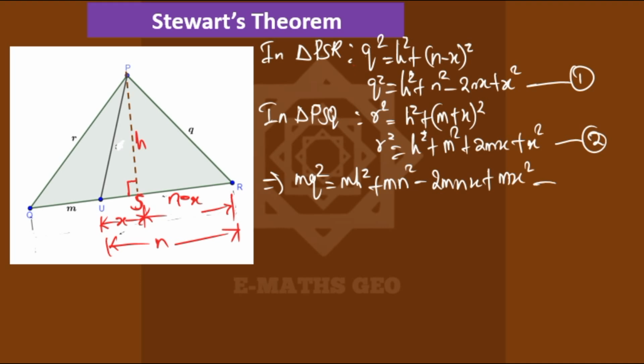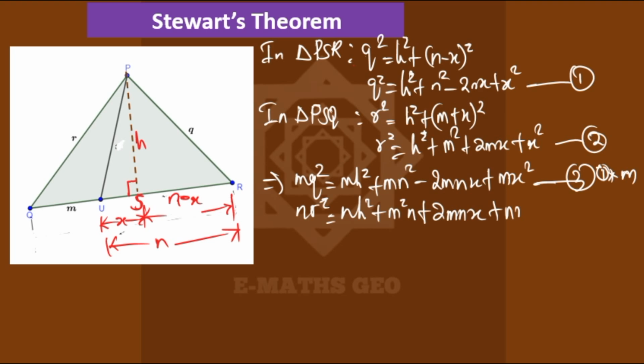That's equation 3, equation 1 times M. Equation 2 times N gives NR squared equals NH squared plus M squared N plus 2MNX plus NX squared.